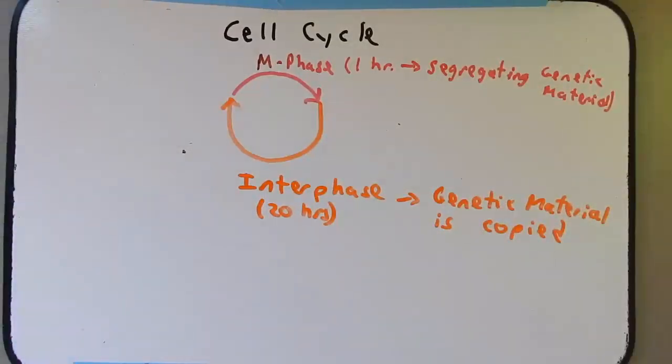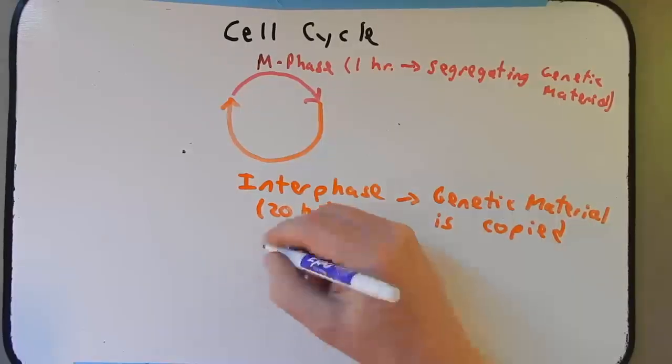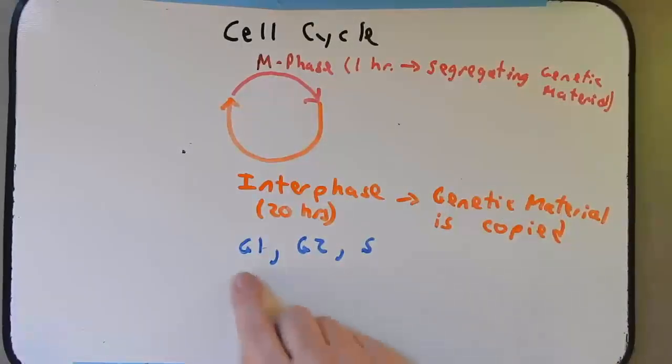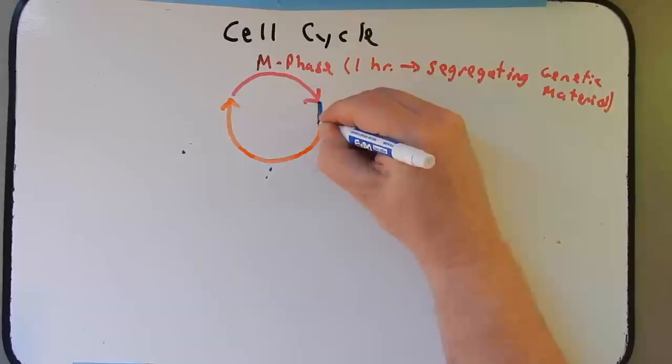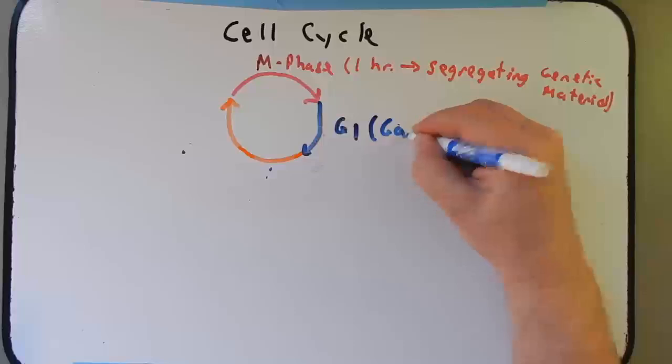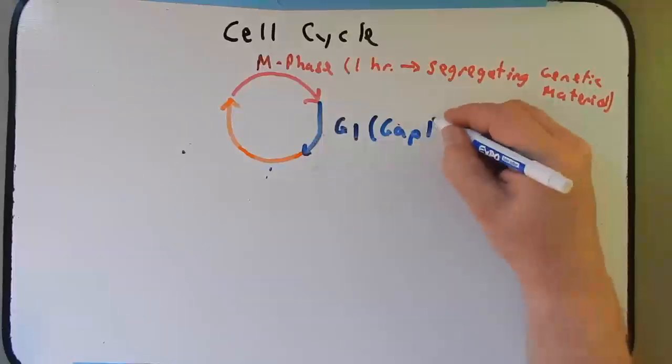Interphase can be divided into three distinct parts: G1, G2, and S phase. So let's talk about these three parts of interphase. This first part of interphase we will call G1. This stands for gap 1.